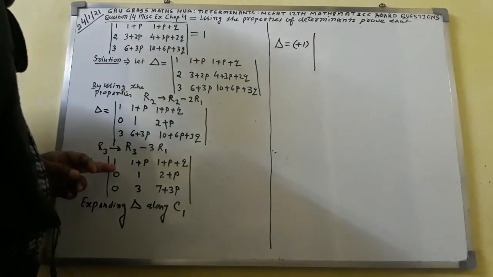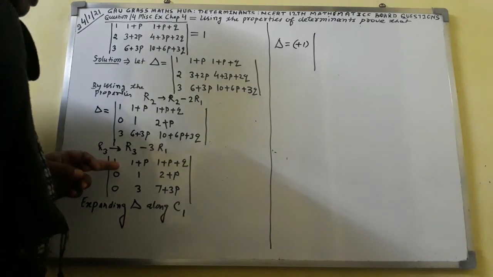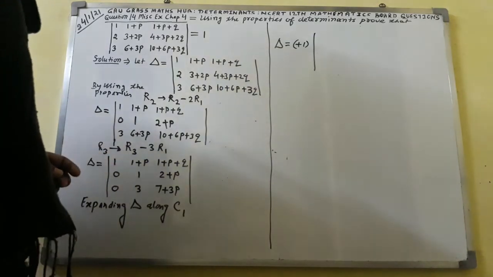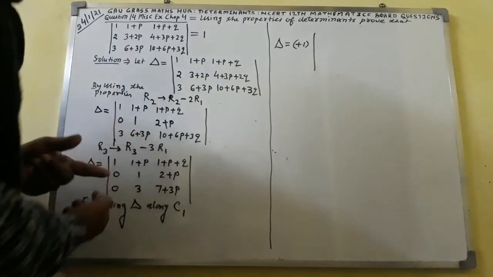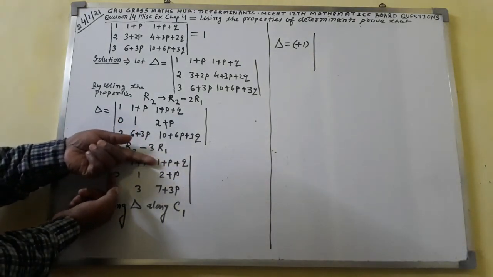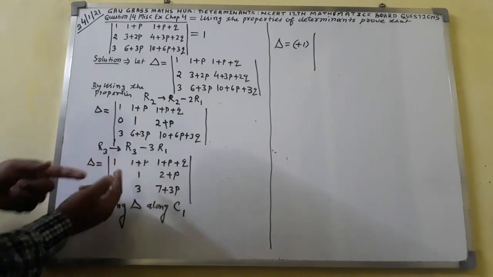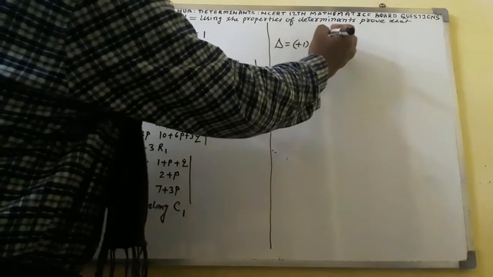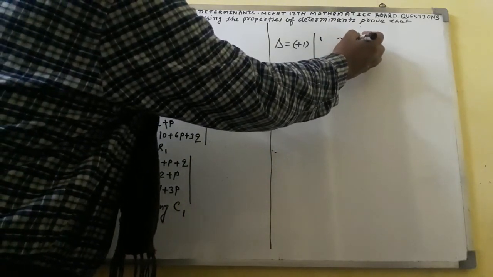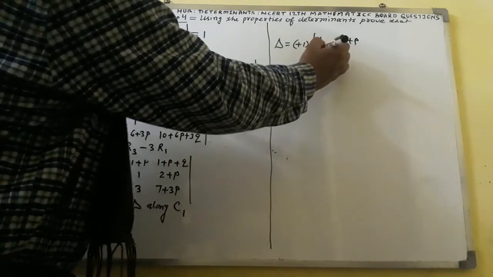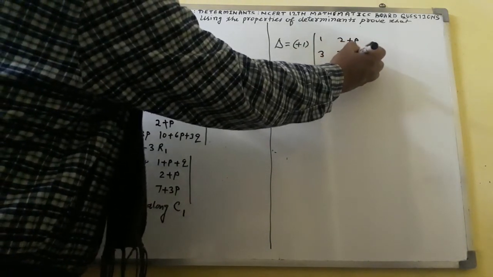So now the minor of plus 1 will be, since plus 1 is there in first row and first column, the first row and first column will be hidden. You will get the minor of plus 1 as 1, 2 plus p, 3, 7 plus 3p.